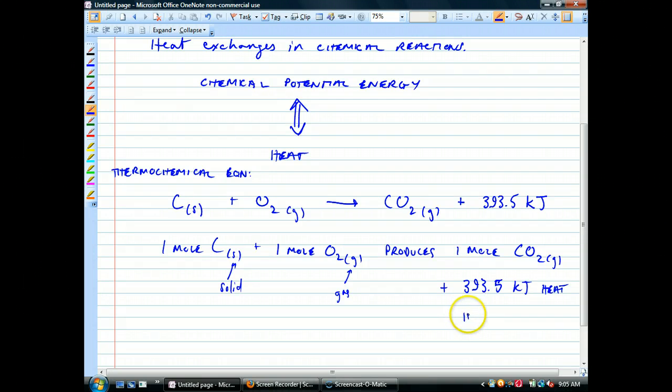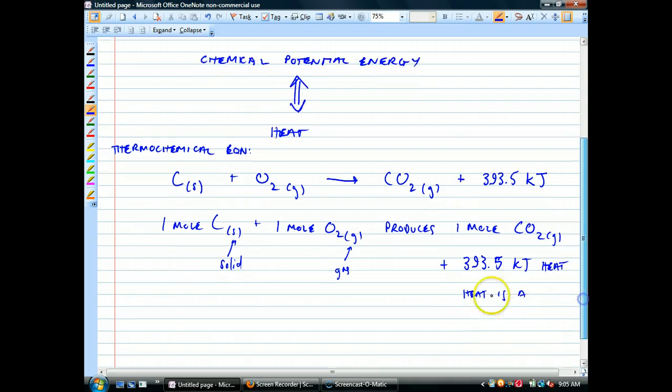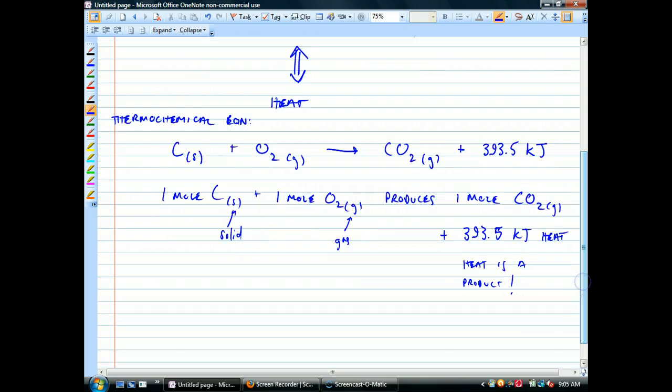Heat is a product here of this reaction. When heat is a product, the reaction is called exothermic.